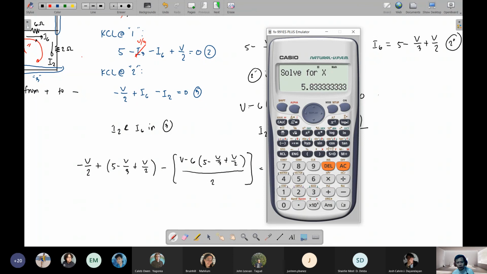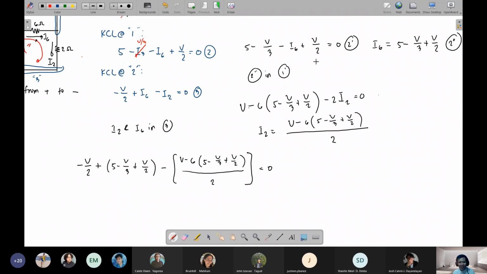Shift solve. The answer is 60, so V is equal to 60 volts.